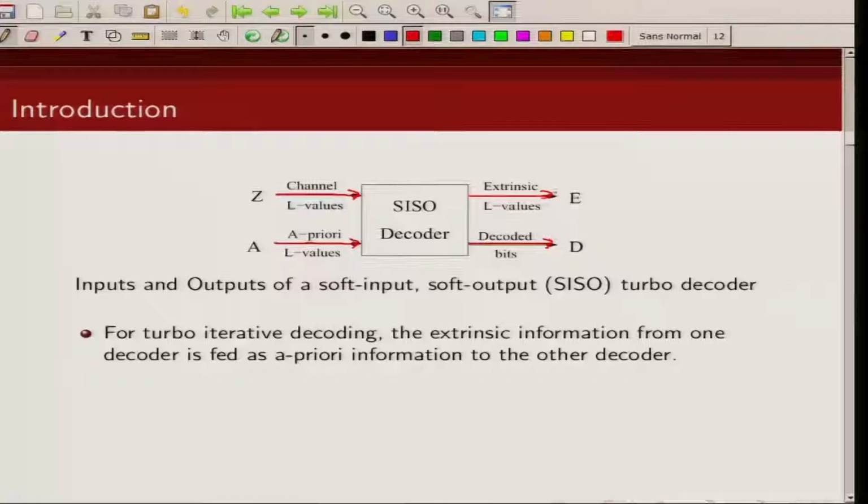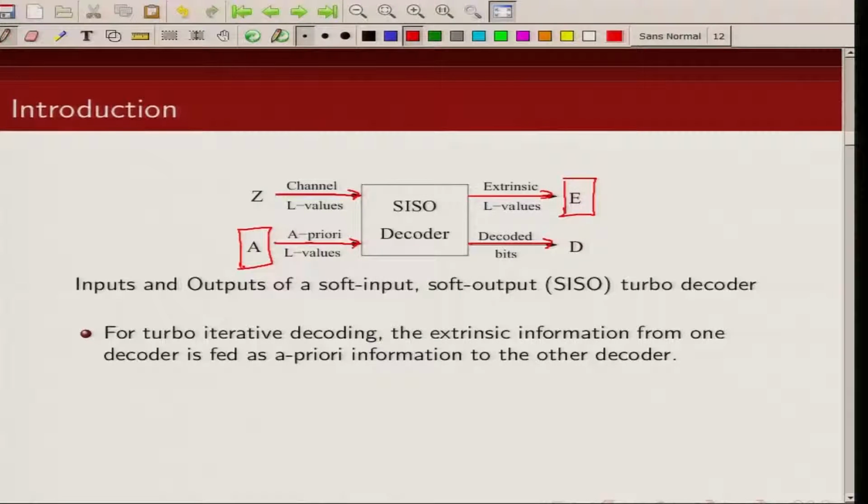There are two such soft input, soft output decoders, and if you look at the turbo decoder for a particular signal to noise ratio as a function of iteration, you will notice the only things changing with iteration are the extrinsic value and the a priori value. Initially you do not have any estimate of the a priori value, you assume that the bits are equally likely to be 0 and 1, but subsequently with iteration, when your extrinsic values are generated, those are passed on as a priori values.